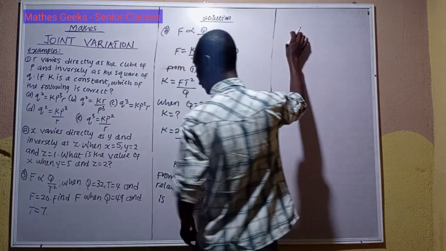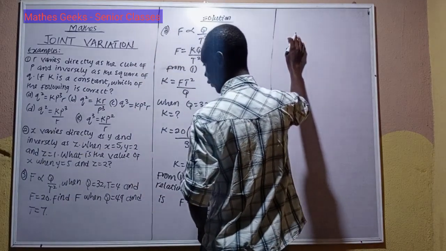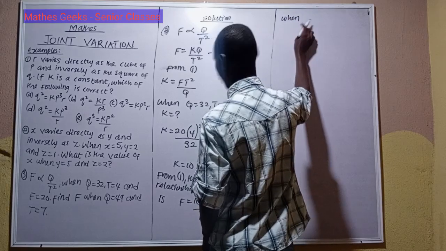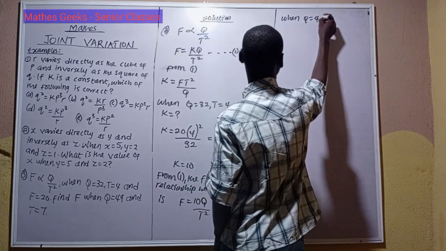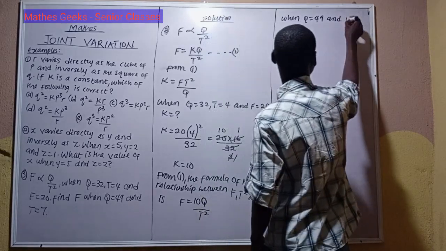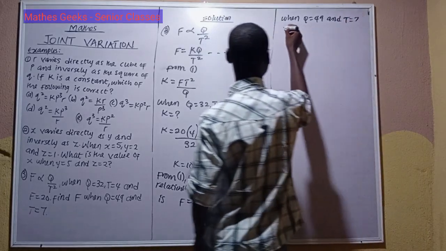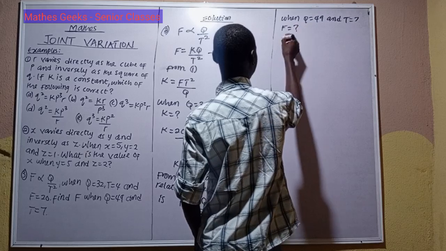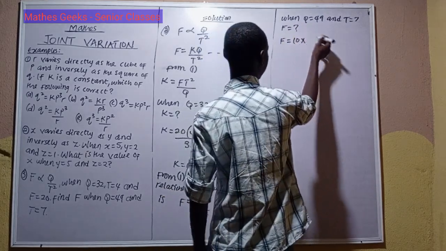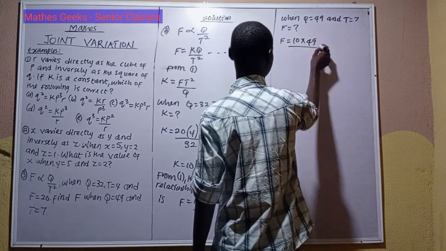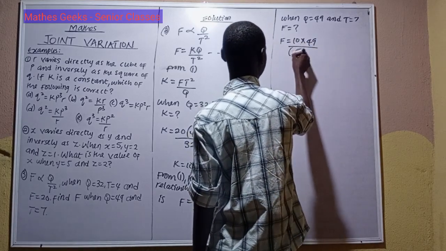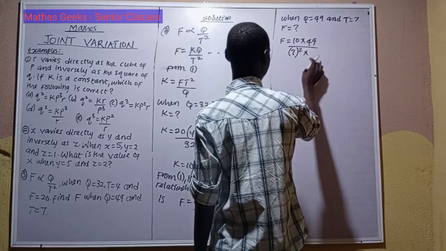So when q is 49 and t is 7, what would be f? f is equal to 10 times 49 over t, t is 7 squared.